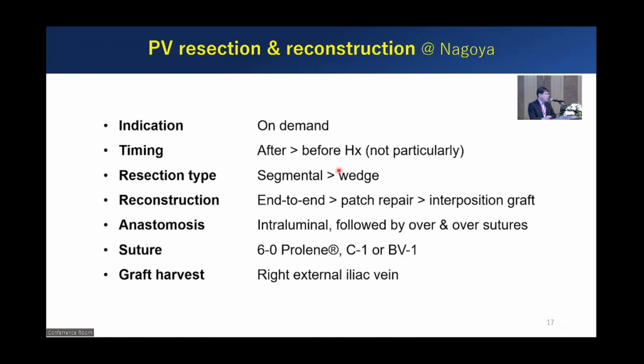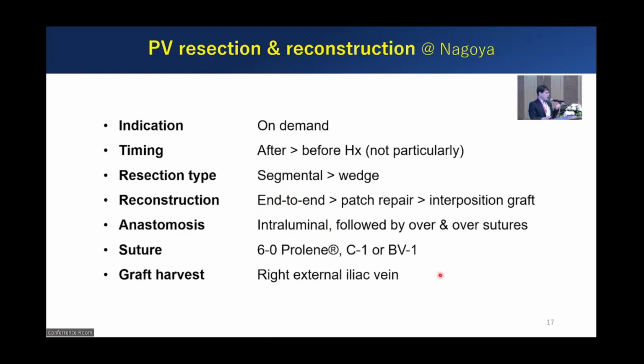Timing: we are not particular about the timing, but we prefer to do it after total pancreas resection. Reconstruction. And resection type, where the segmental is larger now, end-to-end anastomosis with an intraluminal and open suture technique.